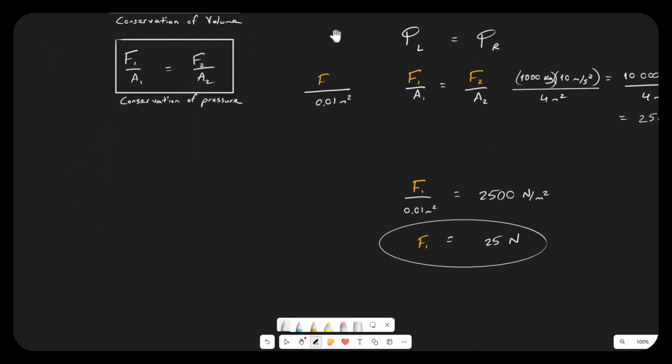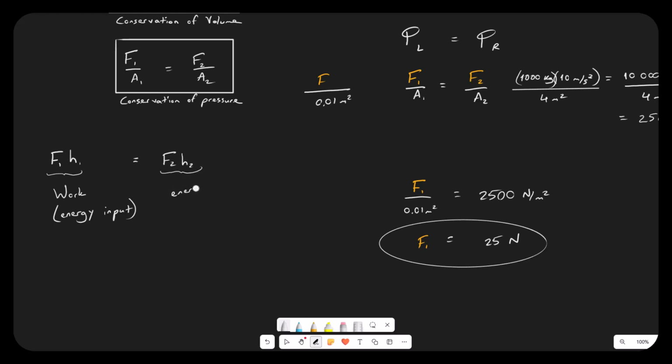Almost. On the left side, I'm applying a force of F1, and I'm doing that over a distance of H1. Force times a distance looks a lot like work, which is an energy input. On the right side, what I'm getting out is an F2, over a distance of H2.